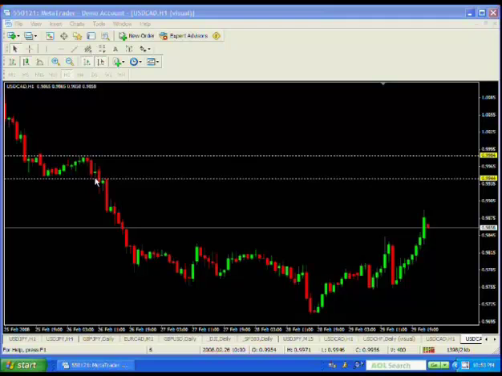A key point, and listen very closely here: if we enter short on this green bar, and this green bar closes above support, which is now resistance, if it comes back and closes back in here, we want to get out. That's a signal that price is going to try to go back up and test resistance again.